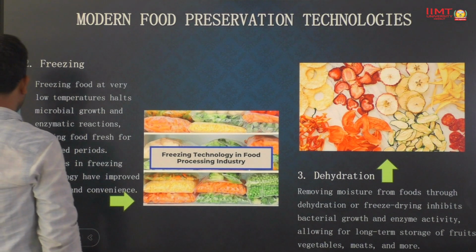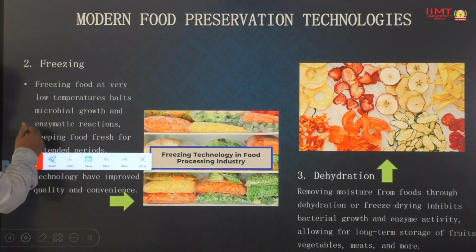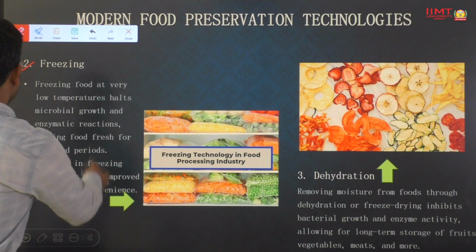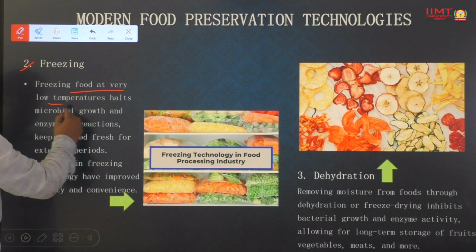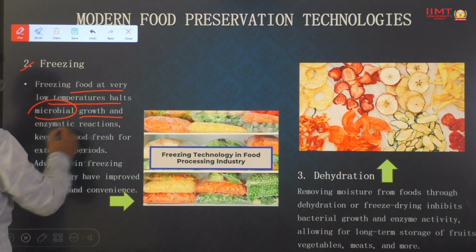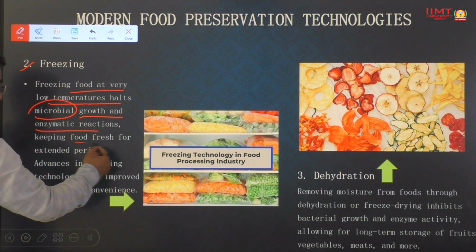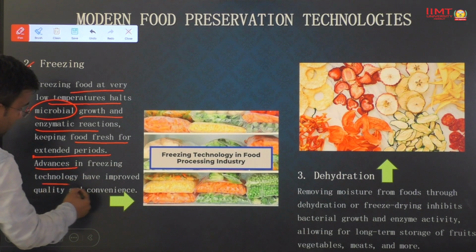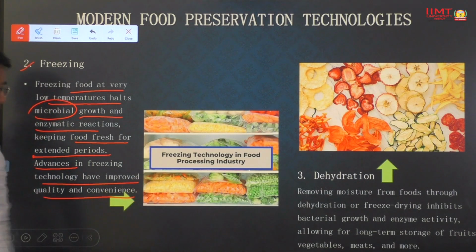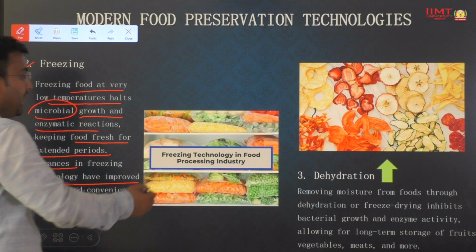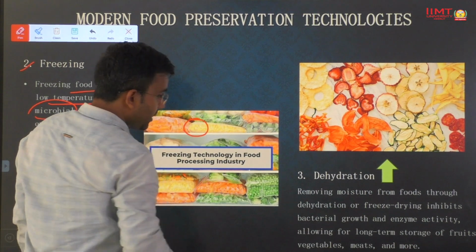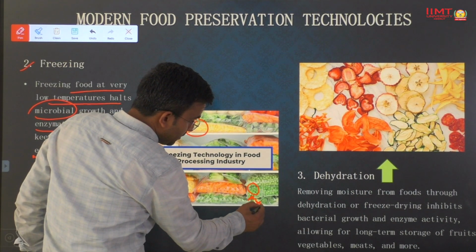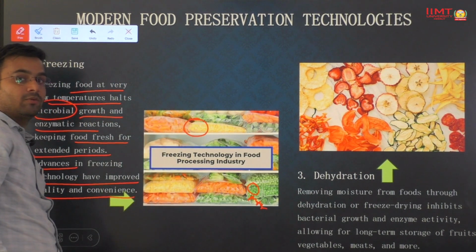Next is freezing, after drying. Freezing food at very low temperature halts microbial growth and enzymatic reactions and keeps food fresh for extended periods. Advances in freezing technologies have improved the quality and convenience. It means we pack it in crystallized form, just like peas, matar, which we find in the market off-season also.